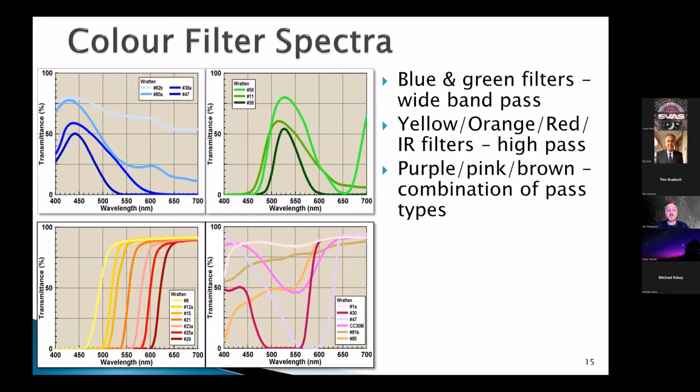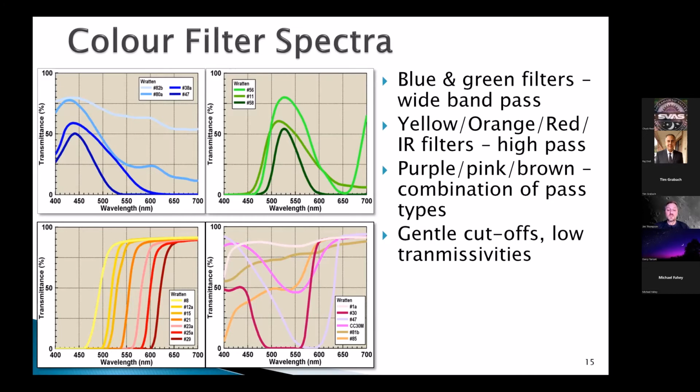Pinks and purples are a combination of bandpass and high pass that block green. Browns are high pass filters with some additional green and blue added. All of these filters have gentle cutoffs and relatively low peak transmissivity values, typical of absorption type filters.